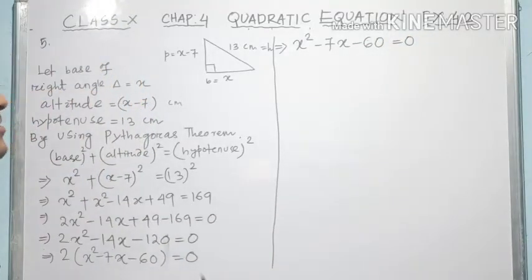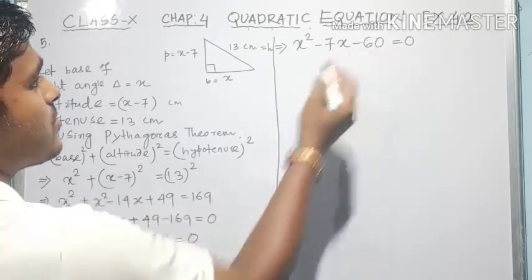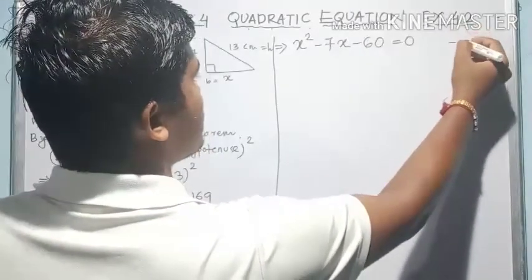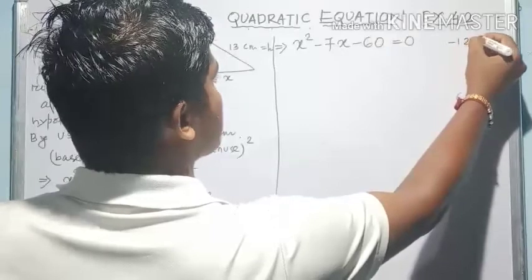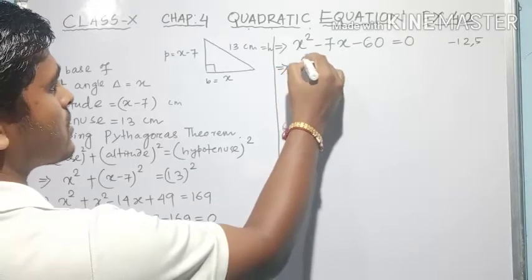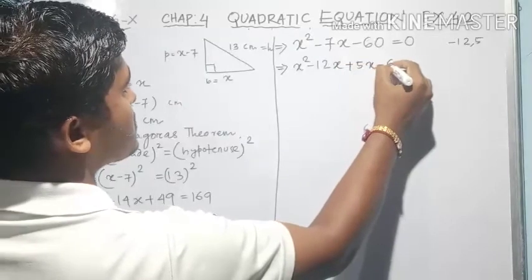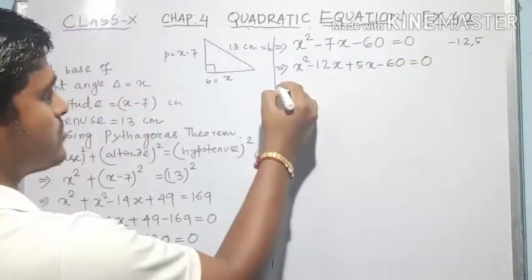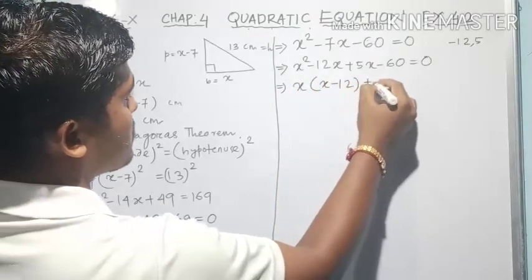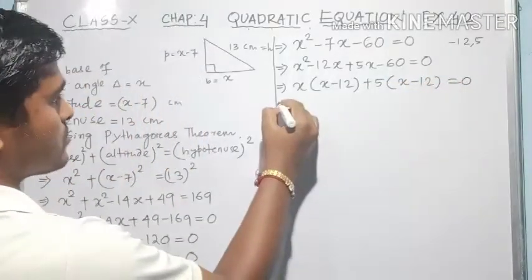On factorizing, we have to find two integers such that their sum will be minus 7 and their product will be minus 60. The two possible numbers are minus 12 and plus 5. This implies x square minus 12x plus 5x minus 60 is equal to 0. On taking x common, x into (x minus 12) plus 5 into (x minus 12) is equal to 0.